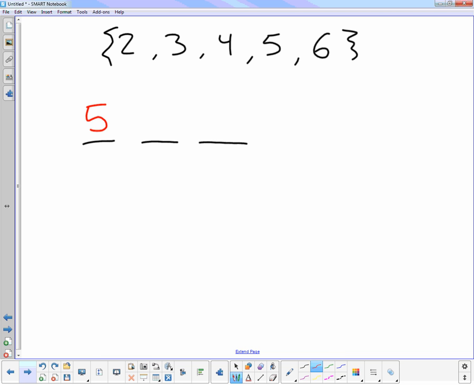Good. How many choices do I have for the second space? I can use them any amount of times as I want. So let's just say I pick 2 for my first space, right? I can still pick 2 here. So I again have 5. And for the third, 5. So 125 ways of making a number.